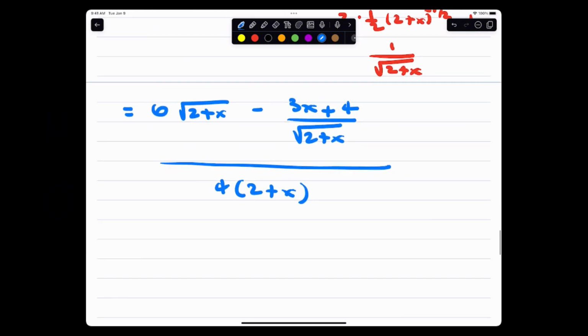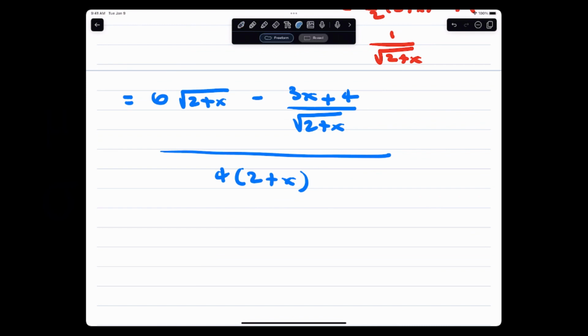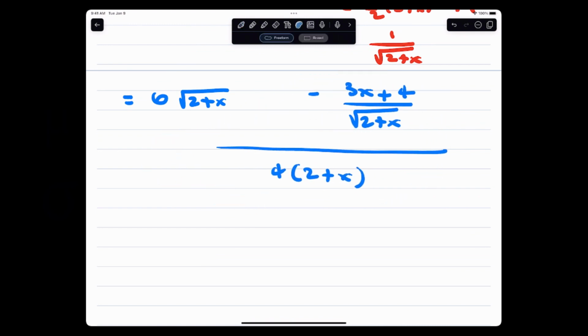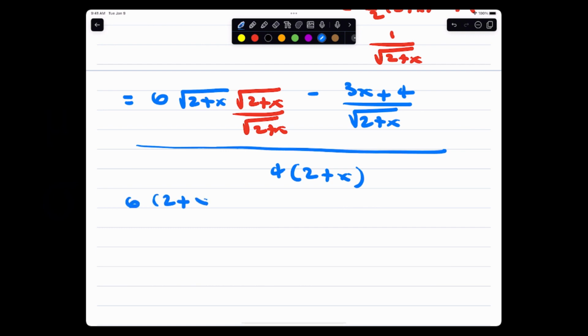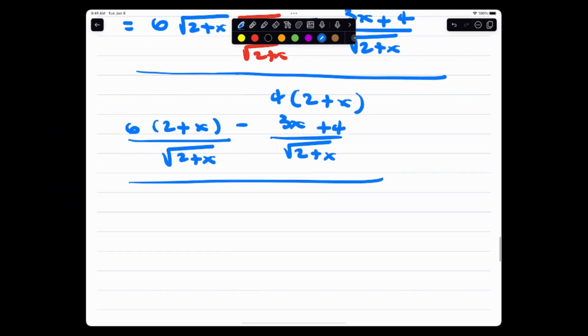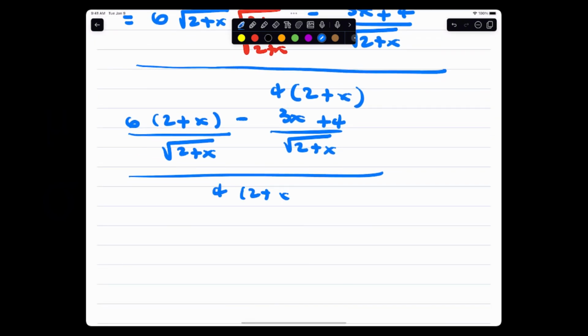Now, let me do a little bit of this that I can do on my end. Going to have to do some arithmetic, some algebra.